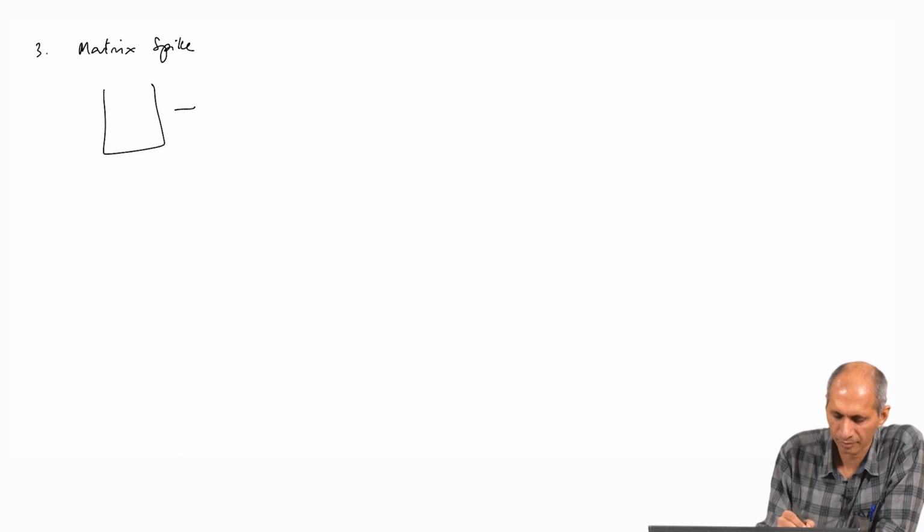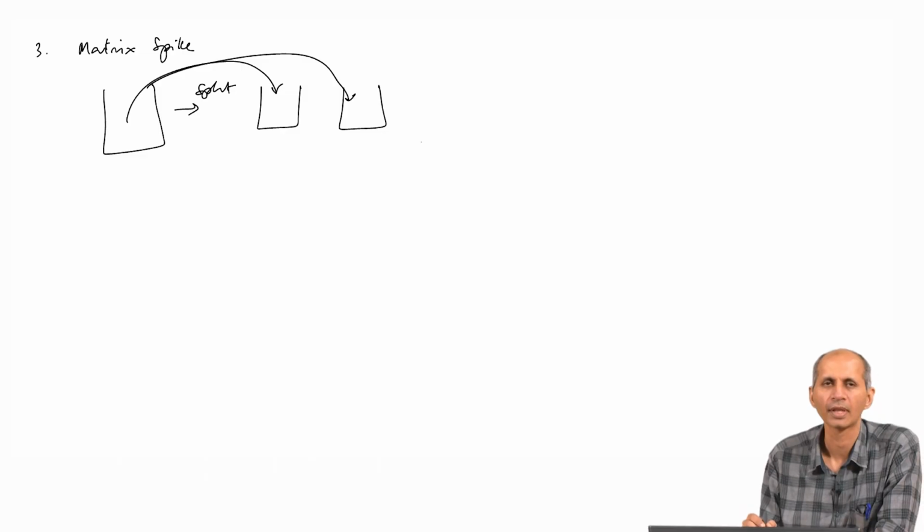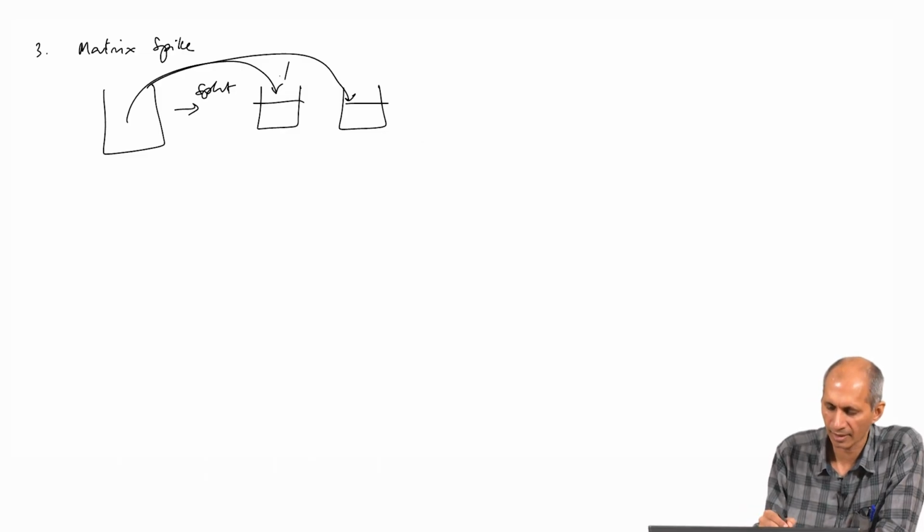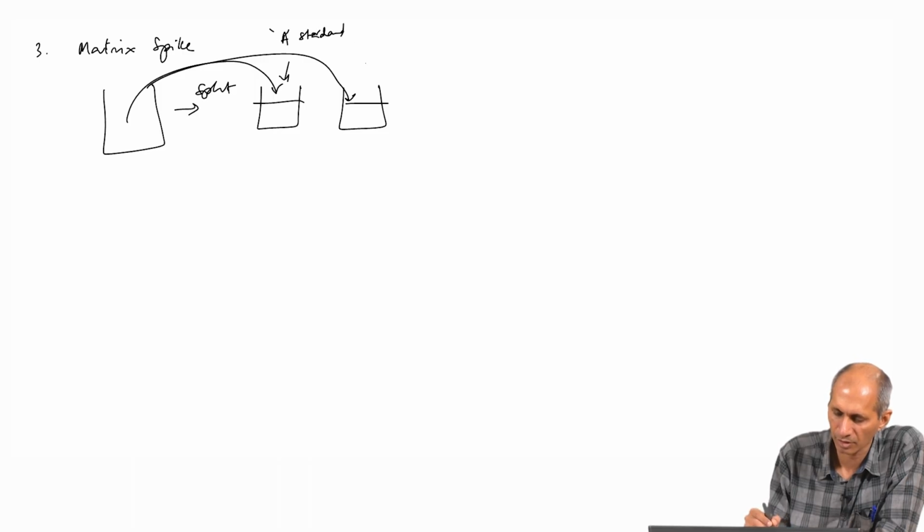The third method is called a matrix spike. In this, we take a sample and split it into two smaller samples. Into one, I add a normal standard. If I add the analyte A standard, this is not a surrogate. The other I do not add the standard to.